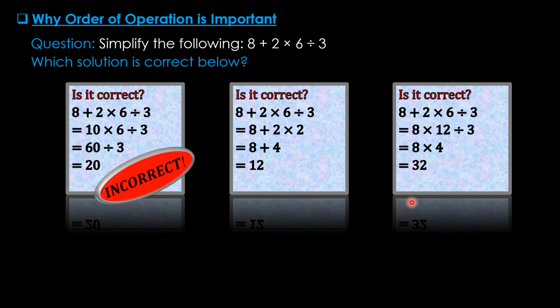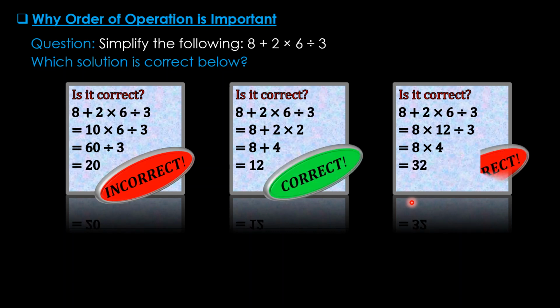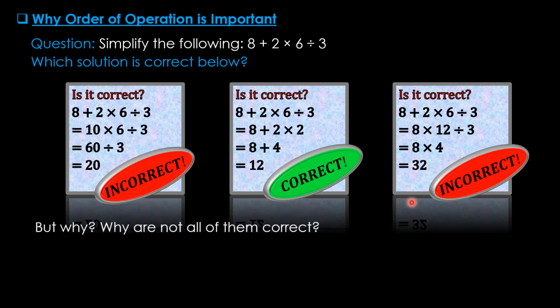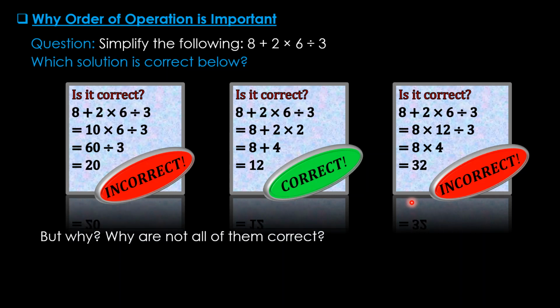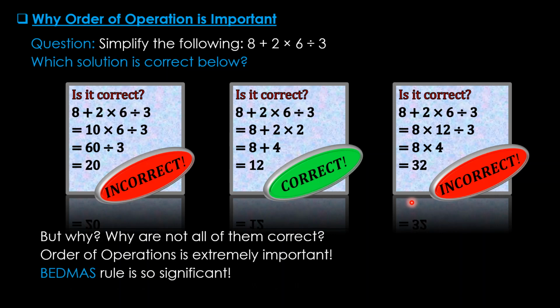The first solution is incorrect. The second one is correct, and the third one is again incorrect. Now the question is, but why? Why are not all of them correct? Order of operations is extremely important, and the BEDMAS rule is so significant. I am not going to explain why these two solutions are not correct, but this one is correct.